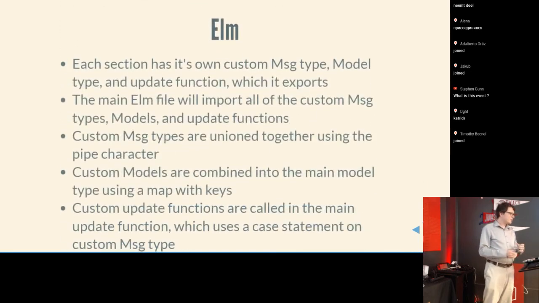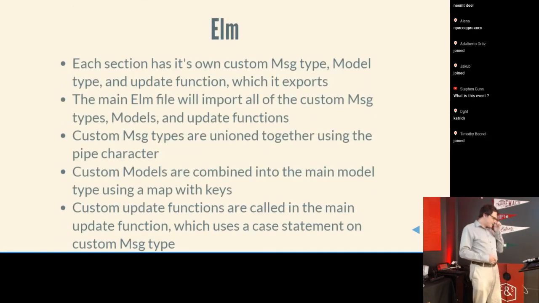In Elm, there's a little bit more work. It's very similar to React Redux, but it's split up as thus. Each section of the functionality would have its own custom message type, model type, and update function, which it would all export. The main Elm file, where you put everything together and give it to html.program, would import all of these message types, models, and update functions.